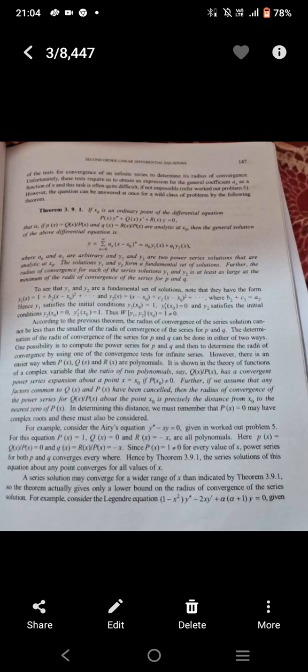For example, consider the Airy equation, that is y'' - xy = 0, given in worked out problem 5. For this equation, P(x) = 1, Q(x) = 0, and R(x) = -x are polynomials.